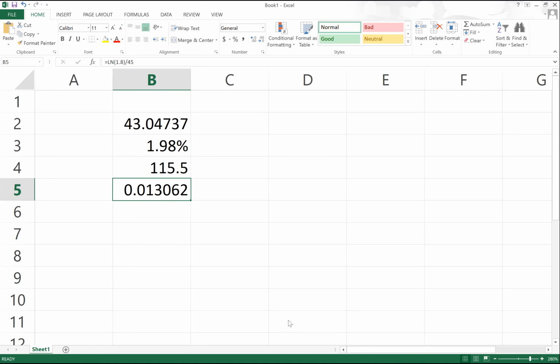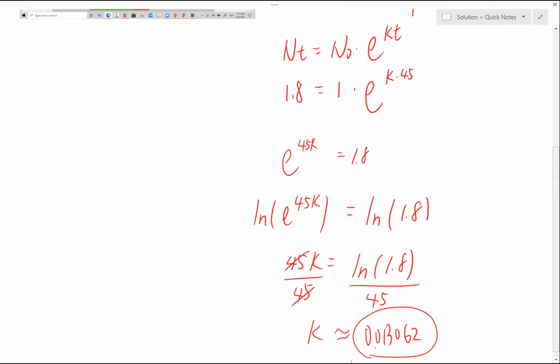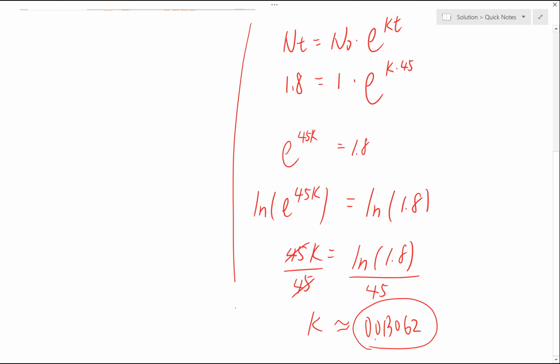Yes, so this is approximately 0.013062. We keep more decimals just to make sure we have a more accurate doubling time when we get to it. So now let's work on the doubling time. Once we know the rate, we can find the doubling time.